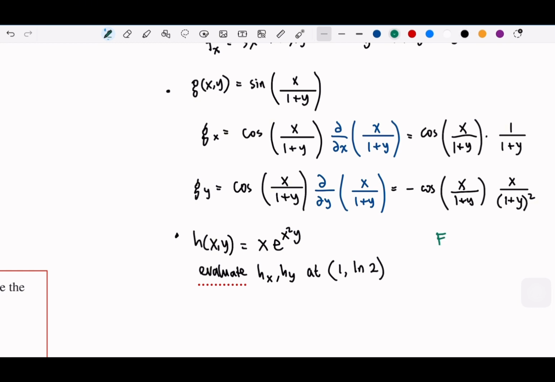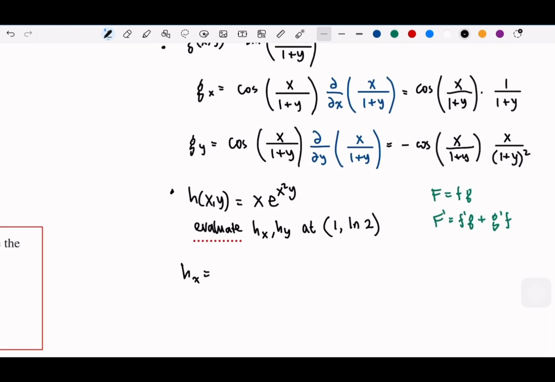Product rule is, if we have fg, then the product rule will give you these definitions. So let me write h_x, which means the partial derivative with respect to x. This will give you, make it bigger, plus x and then multiply with 2xy e^(x squared y).